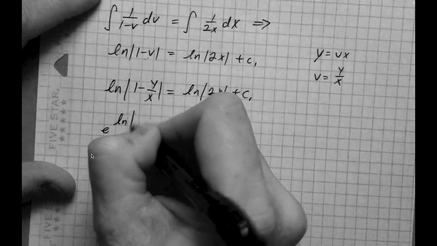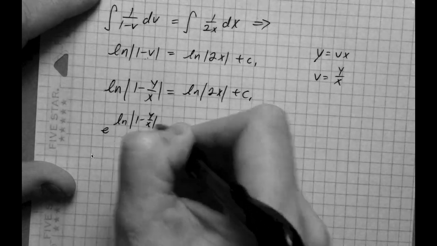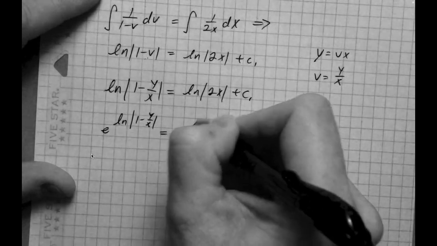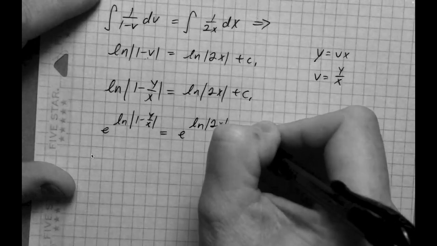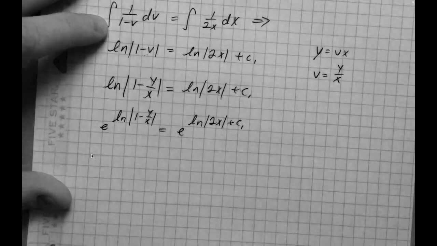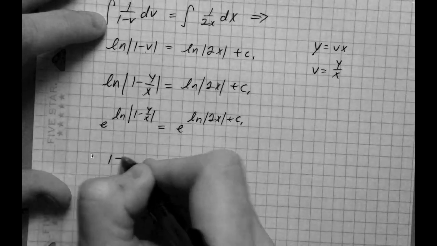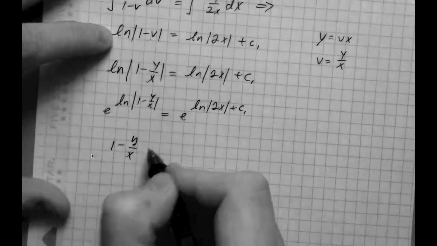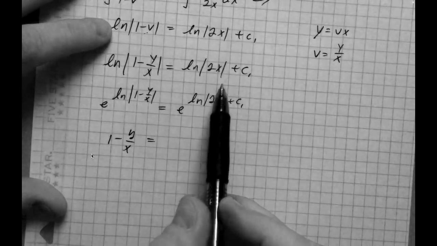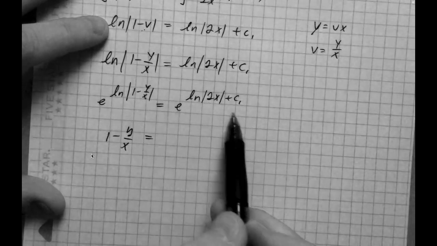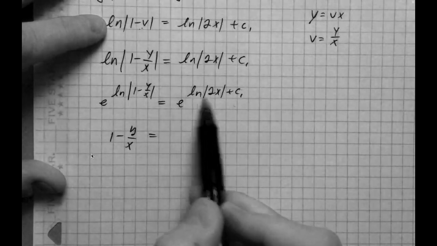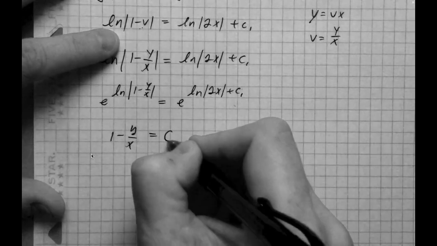So e to the ln(1 minus y over x) equals e to the ln(2x plus c1). Okay, and so that means we've got 1 minus y over x equals, what's it going to equal? Well, this will be e to the c1, and this will be e to the ln 2x, and so it's really just going to be c times 2x.